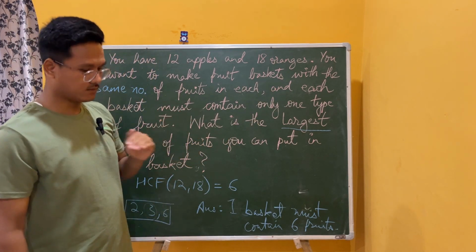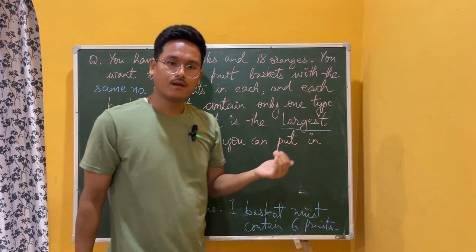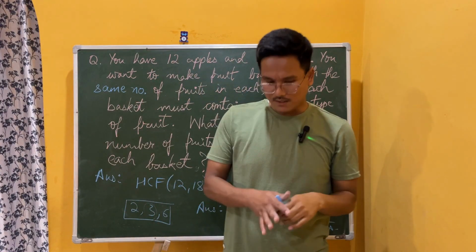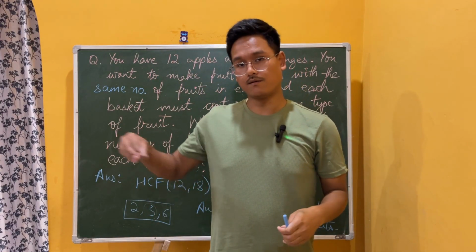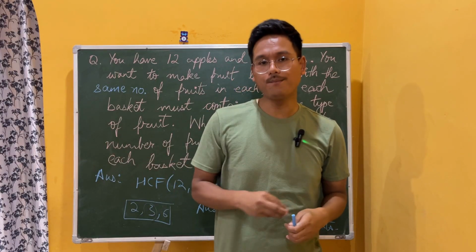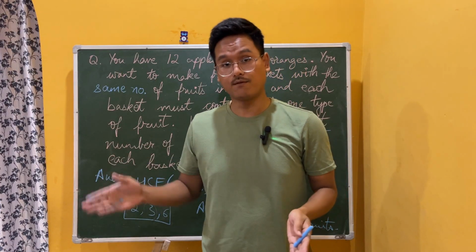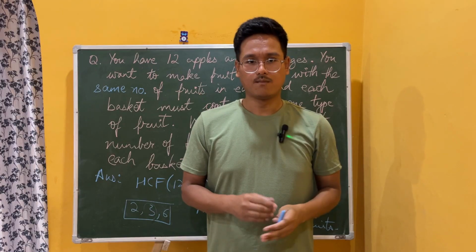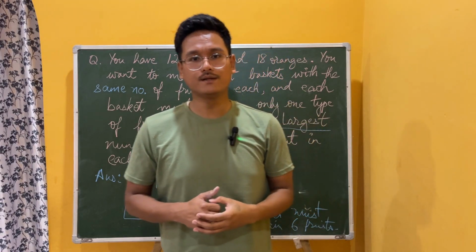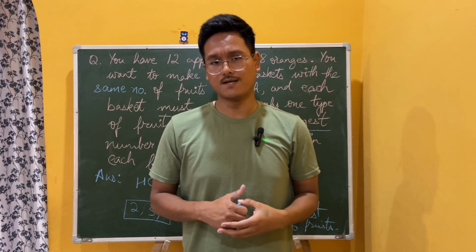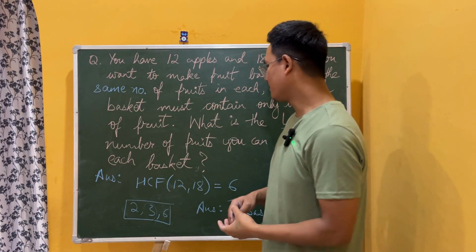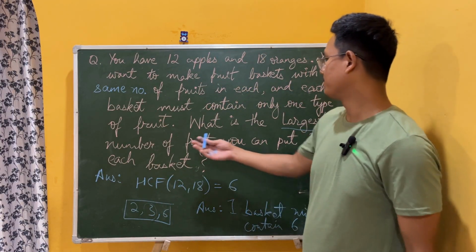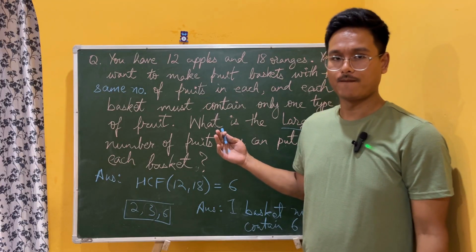Even in this case, in each basket there is an equal number of fruits, that is 3 in each of them, and there is only one type of fruit in each basket. But the problem is that you required more baskets. Why? Because you did not put the largest number of fruits in the basket.